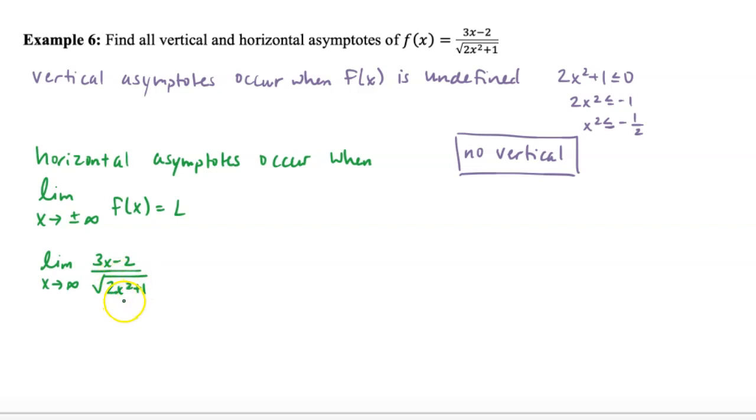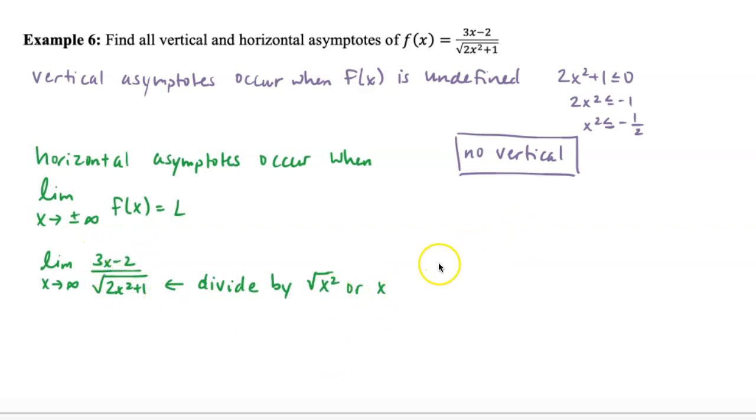Be careful here, because in my denominator, I have an x squared inside of a square root. And so what that means is that I'm going to divide everything by either the square root of x squared or just x, depending on if this division is occurring inside of a square root or outside of a square root, because the square root of x squared is just x, right?